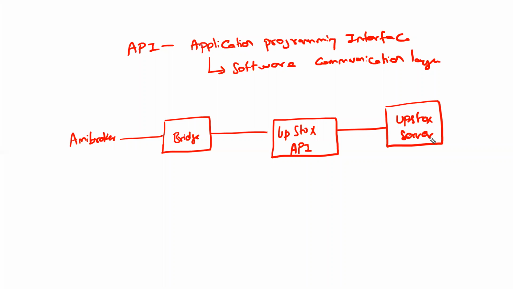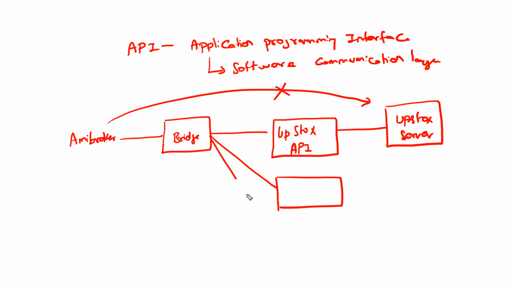We cannot send direct orders over here, which is not possible. However, we can use the bridge. The bridge will be able to communicate to the Upstox API. Not only to the Upstox API, the bridge is also capable of communicating to multiple brokers. So tomorrow, if you are having multiple brokers, let's say broker 1 and broker 2, it can communicate to those multiple brokers as well.